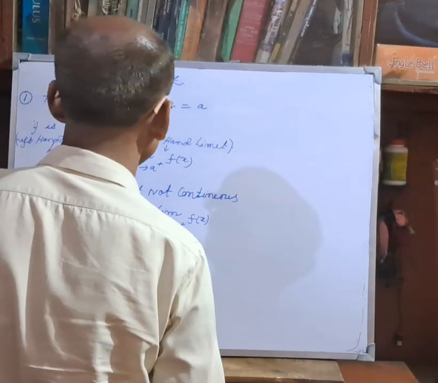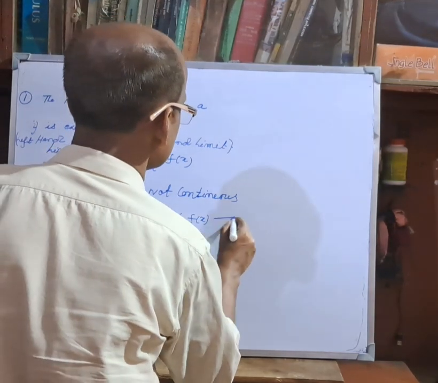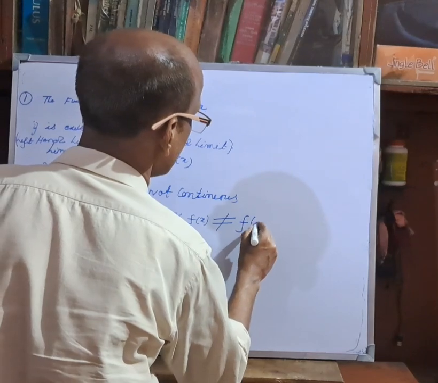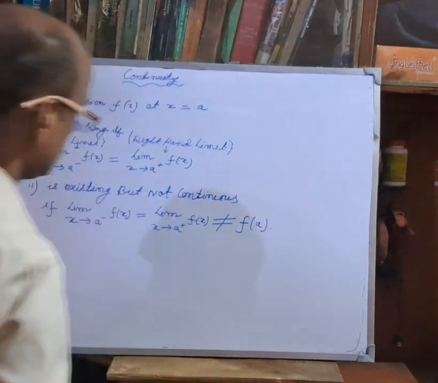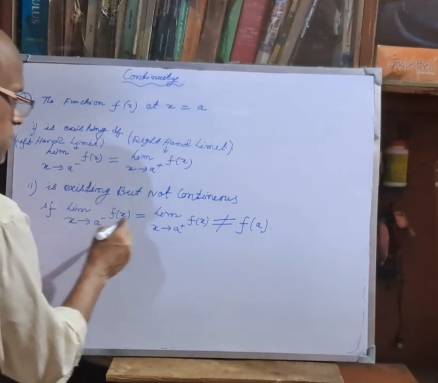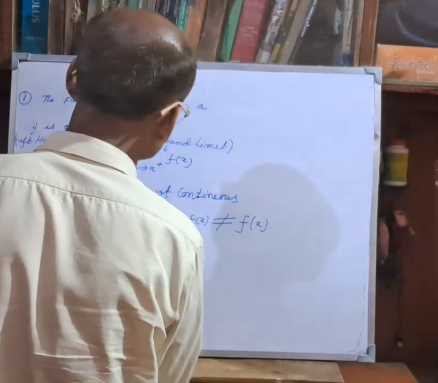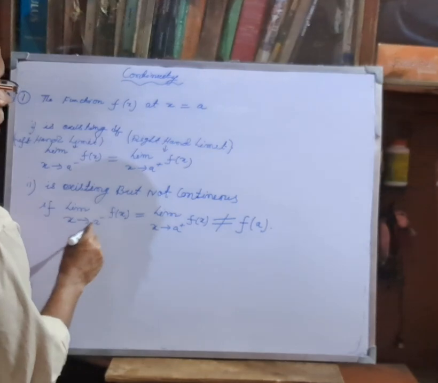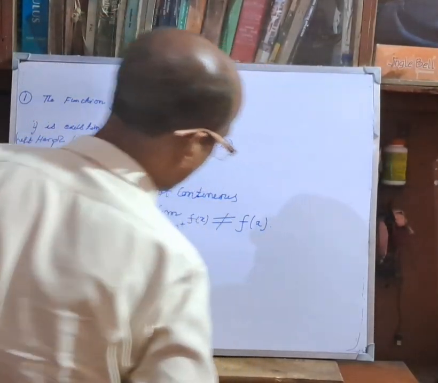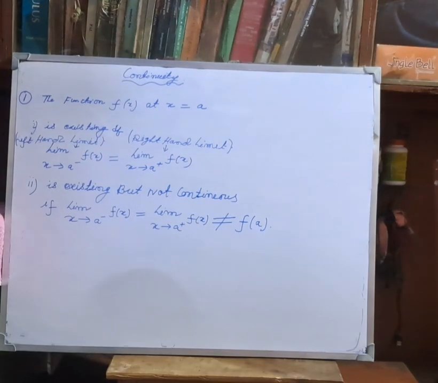Clear? That is not equal to f(a). Although it is existing but not continuous, because left hand limit is equal to right hand limit, but it is not equal to f(a), so it is existing but not continuous.